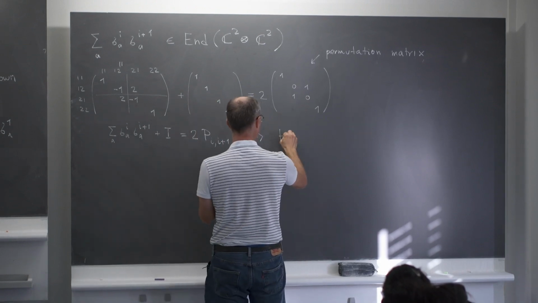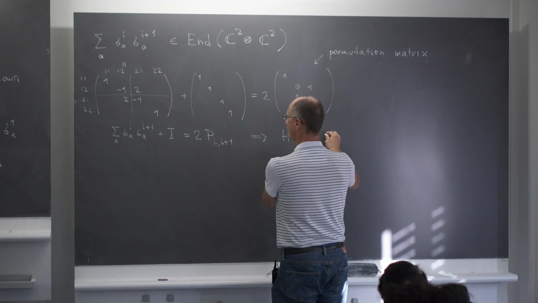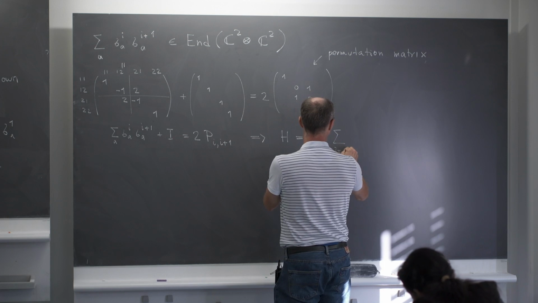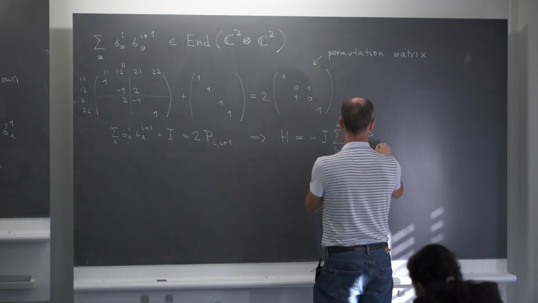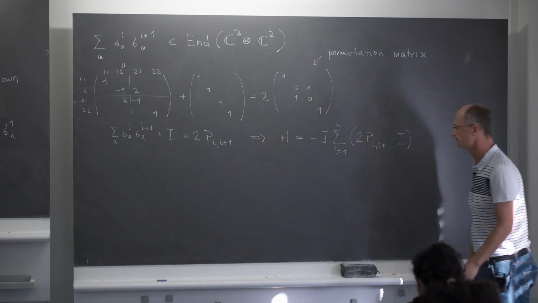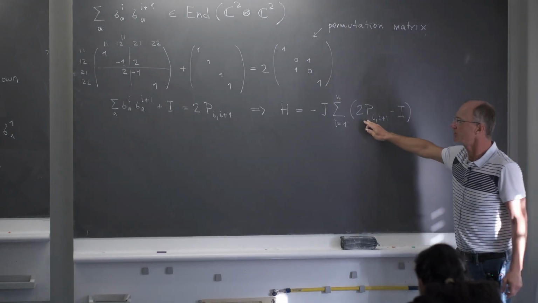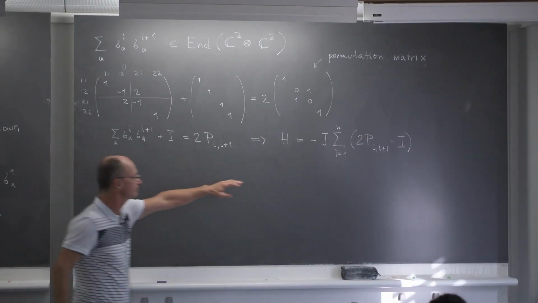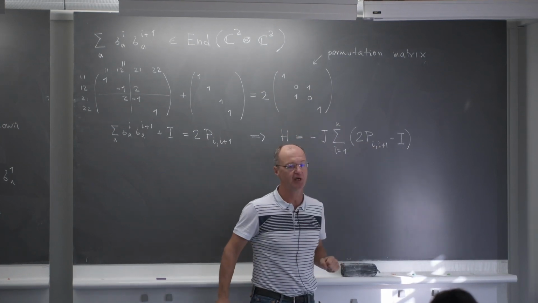We can now rewrite the Hamiltonian in the following form: minus J, sum over i from 1 to n, of twice the permutation P_i,i+1 minus 1. For some purposes this is easier, because now you have a very intuitive way to see how this operator acts.